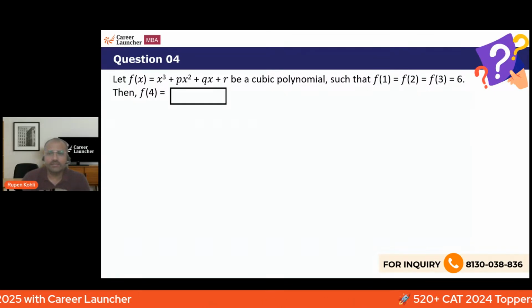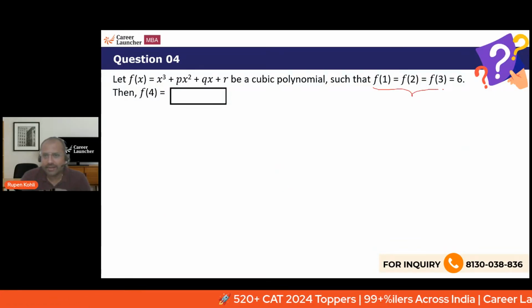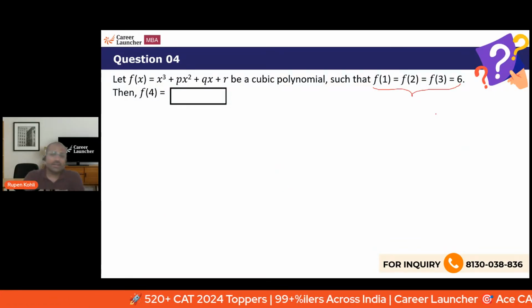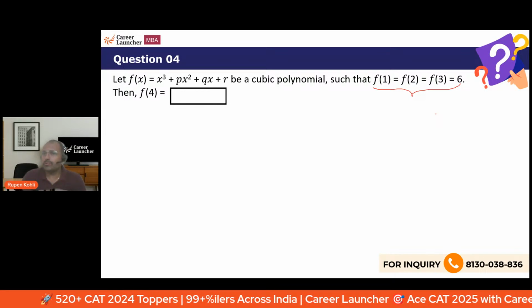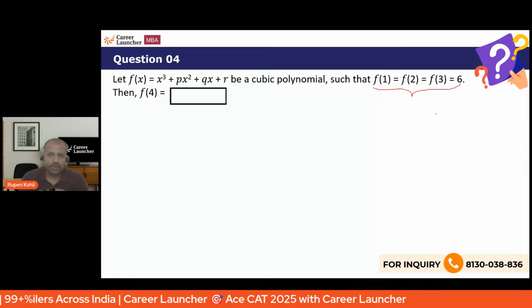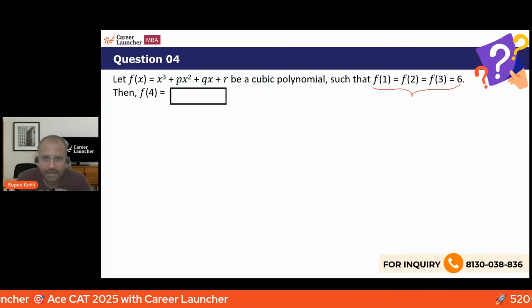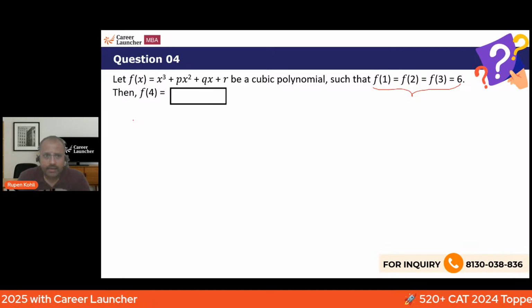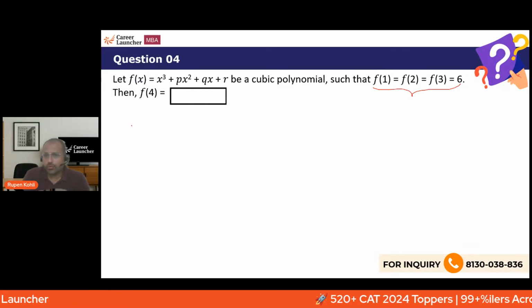Okay, what to do here? There is something magical in this condition over here. The value of the function for 3 input values is the same, right? So you have to use that very intelligently over here, right? Here is what we can do with this.